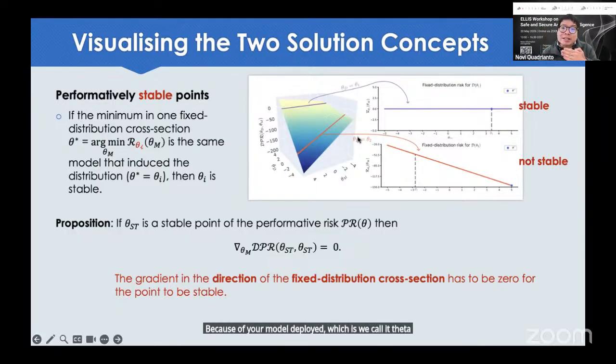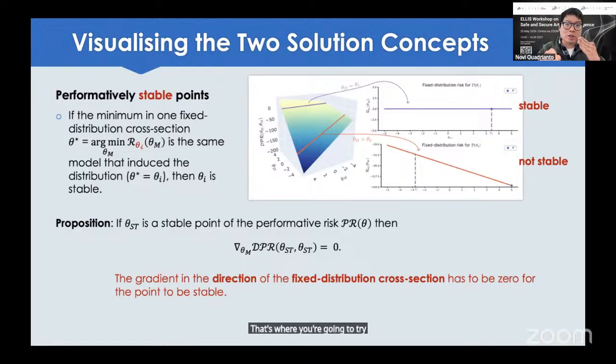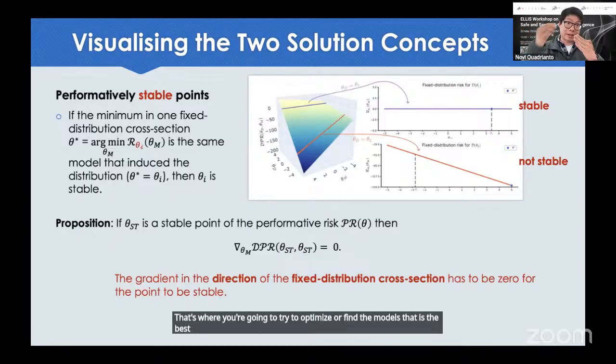That's the first theta d, which is theta 2, that cross section, the red one. If we look across the theta m space, that's where you try to optimize or find the model that is best for the distribution induced by theta 2. And that particular risk looks like just a simple risk.